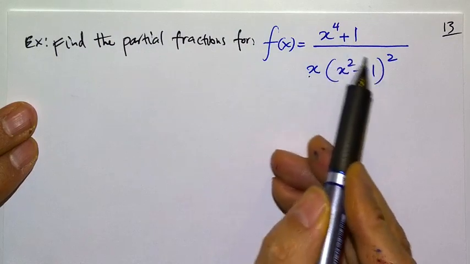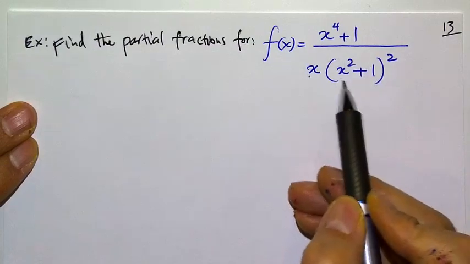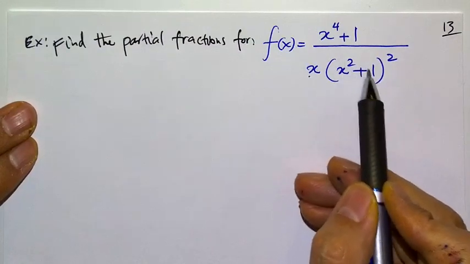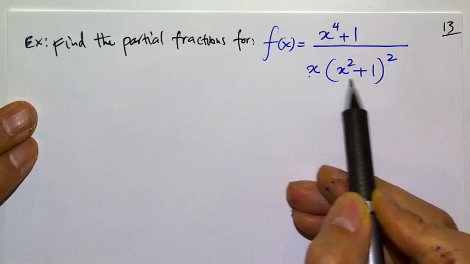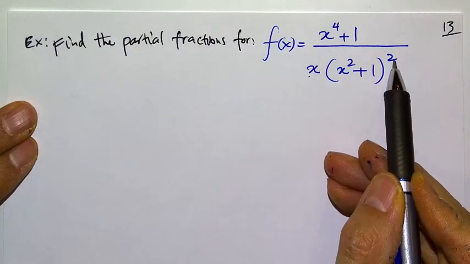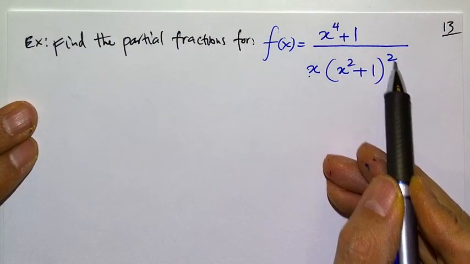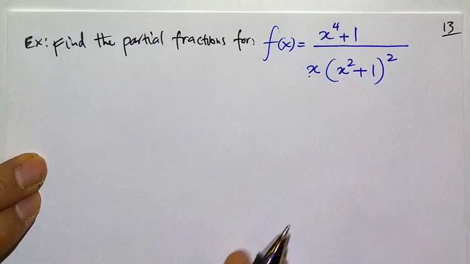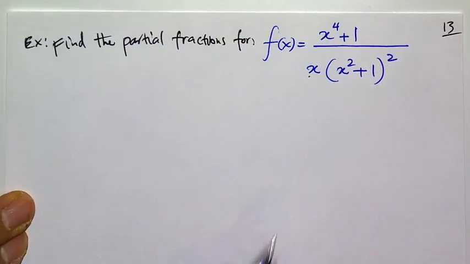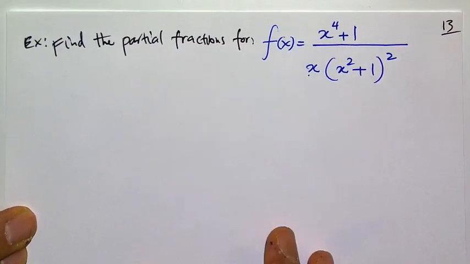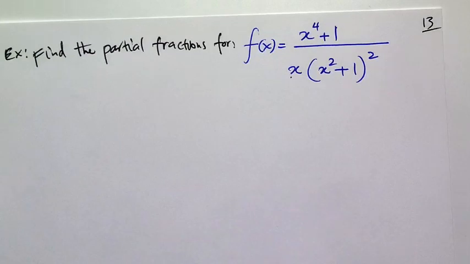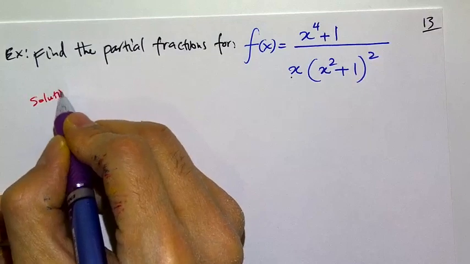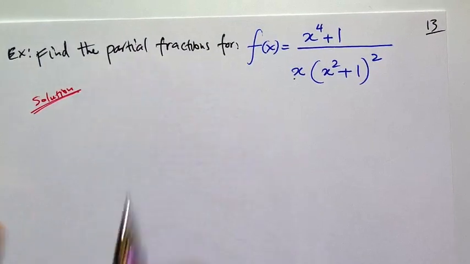But this one is case 4 because you have an irreducible or non-factorable quadratic expression here as a factor which is repeated. It has a power higher than 1, so it's repeated. Okay, so that's case 4. So let us find the partial fractions of that. So first, here's the solution.